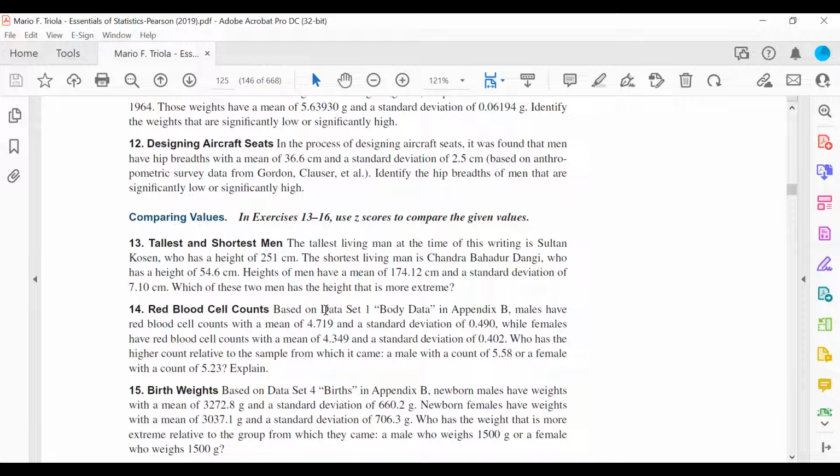Kosin had a height of 251 centimeters. And Chandra had a height of, no, he had 54.6 centimeters.